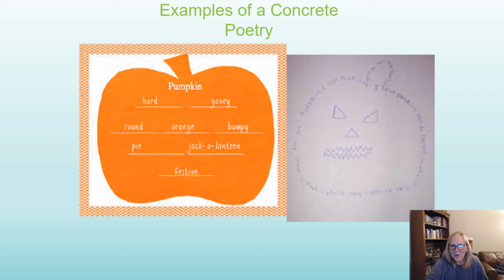Hard, gooey, round, orange, bumpy, pie, jack-o'-lantern, and then at the bottom, festive. When you're doing different kinds of concrete poetry, that could be one of them, and still be considered coming out in the form of a pumpkin. But over on the right, you'll see a little poem written about a jack-o'-lantern that was actually written in the shape of the jack-o'-lantern. Check out page 86 about concrete poetry. There's a really cute one there.